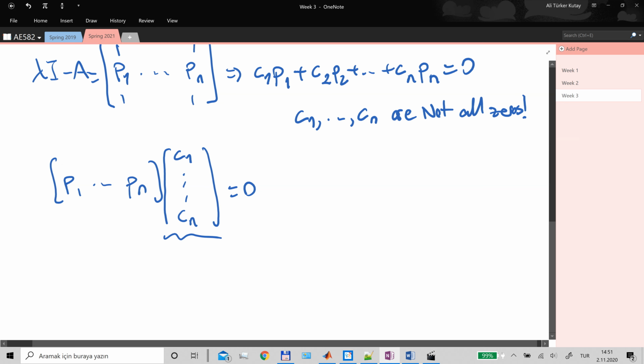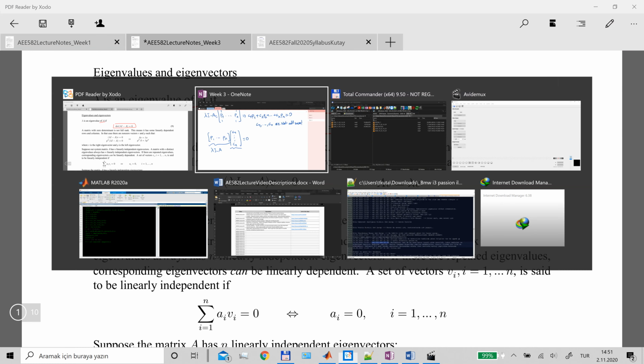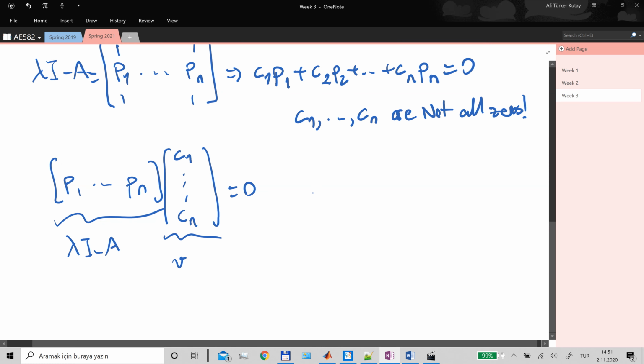Okay, so this was our lambda I minus A matrix, and you call this vector V. So that means lambda I minus A times V is equal to 0.